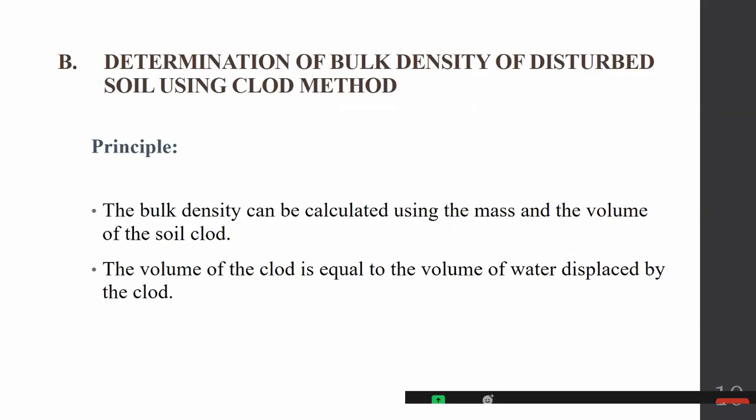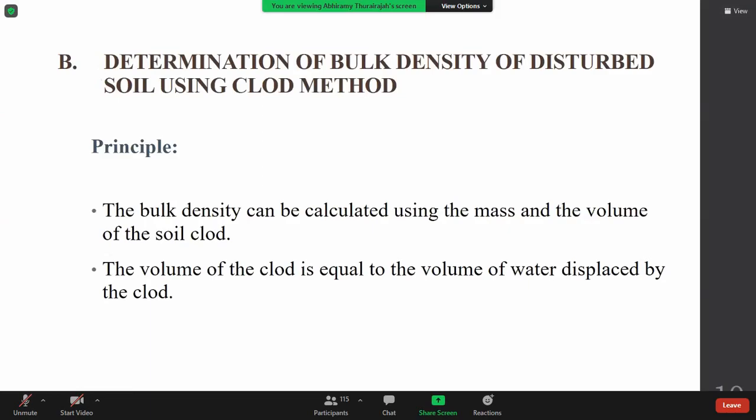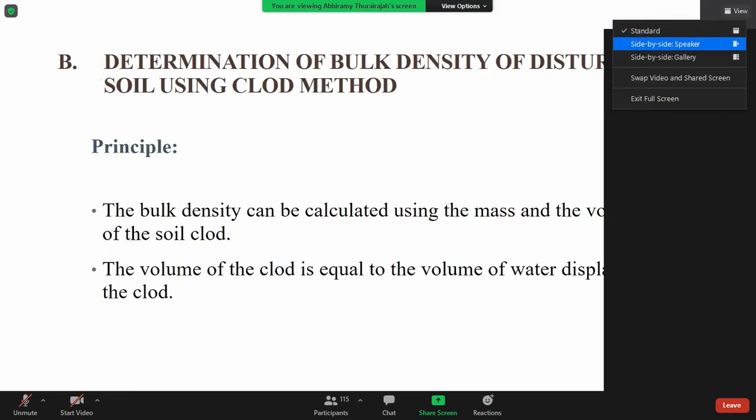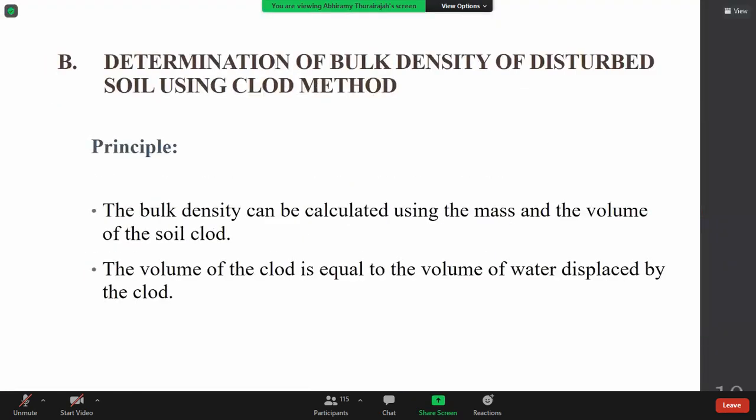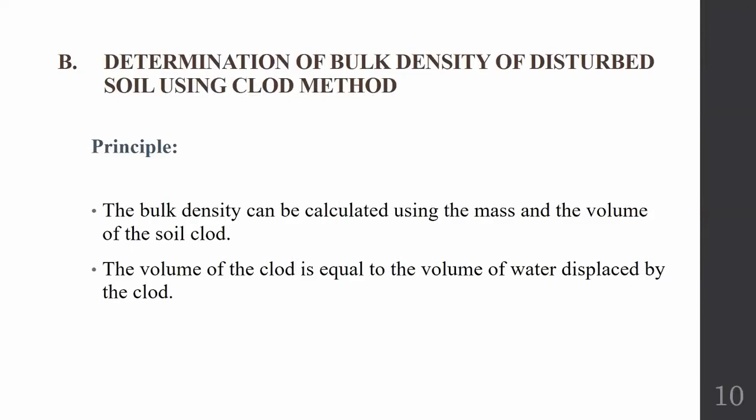Principle: the bulk density can be calculated using the mass and the volume of the soil clod. The volume of the clod is equal to the volume of water displaced by the clod. I think you studied these principles in your physics lessons also.